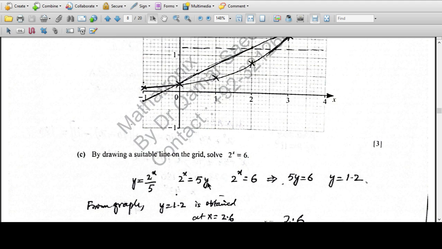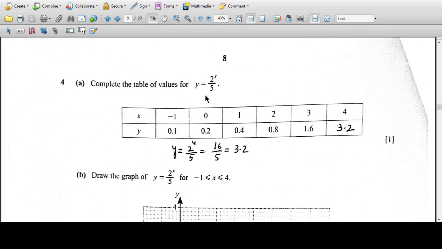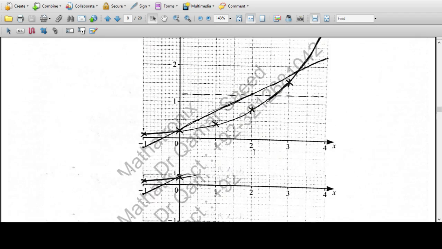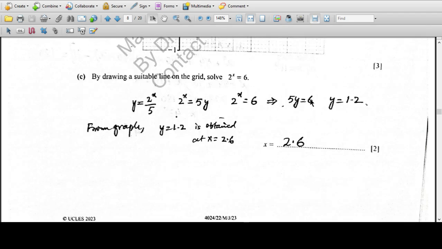So from this relation, 2 power x is equal to 6 means 5y is equal to 6, because 2 power x is basically equal to 5y.